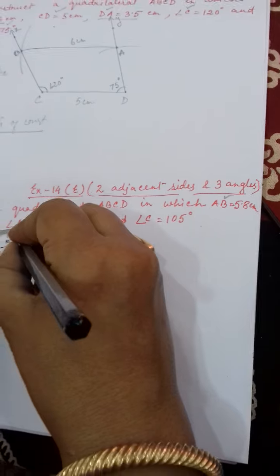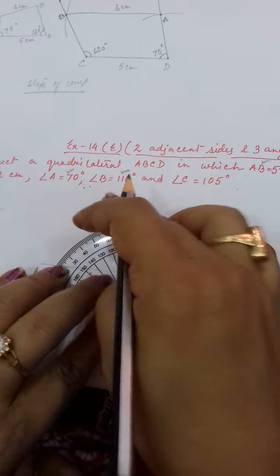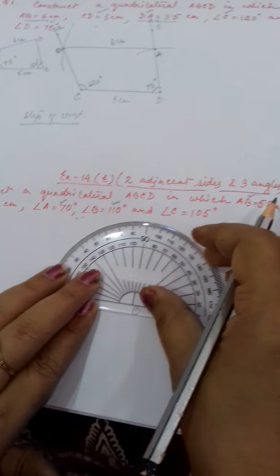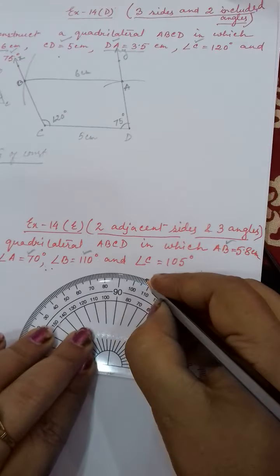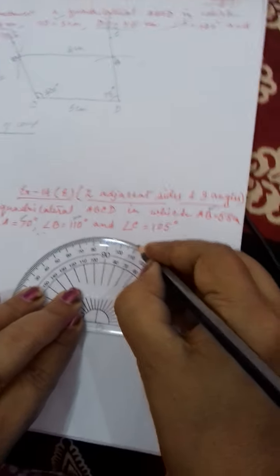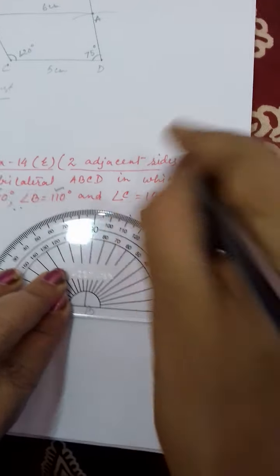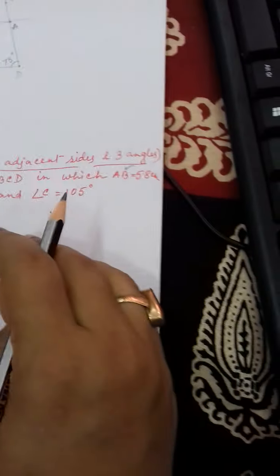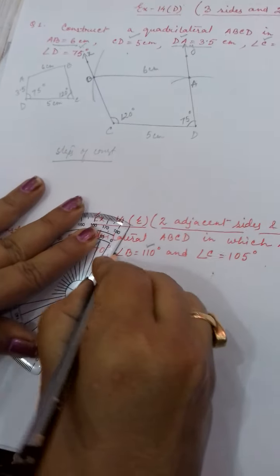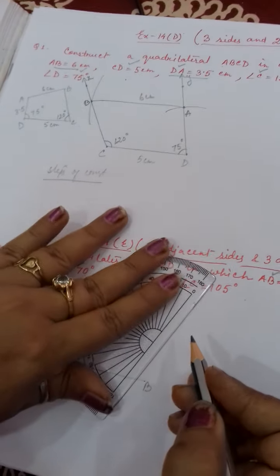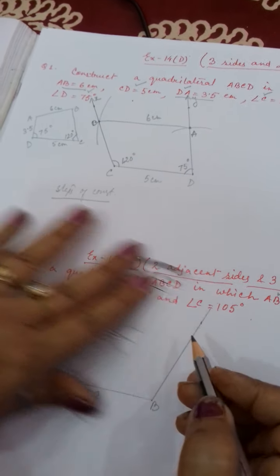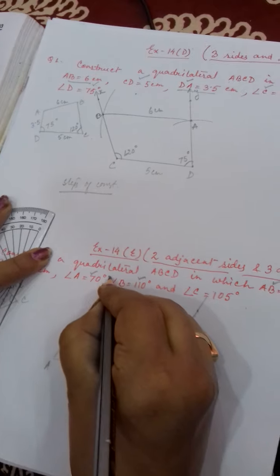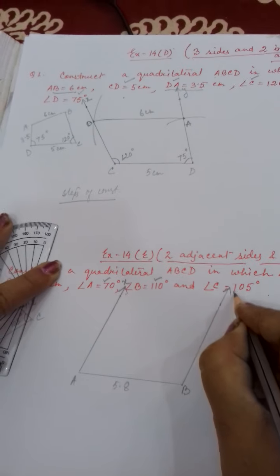It is an acute angle, less than 90 degree. And angle B 110 degree. So the center is here, 110. You will consider 0 from this side. 110 is more than 90. So here is 110. After that you join the points. So this is X and this is Y.